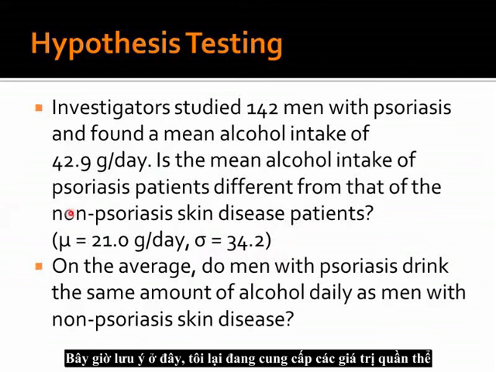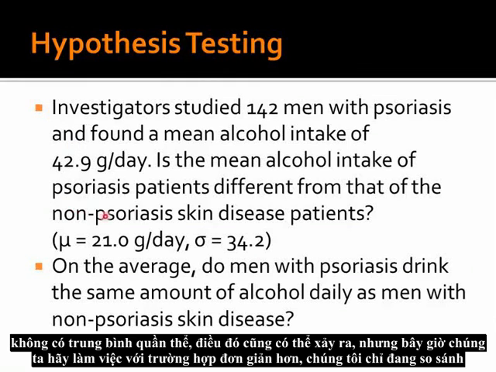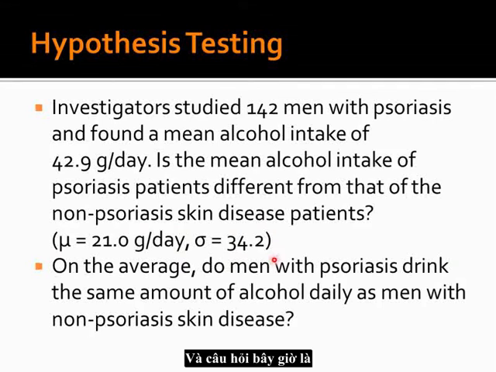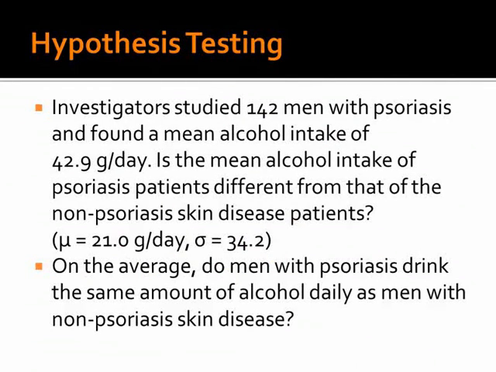Now notice here I'm giving the population values again, and as you can probably guess, in the future you will also see how to do hypothesis testing where I'm comparing two sample groups with no population mean, right? That's possible as well, but for now let's just work with this simpler case, where I'm comparing one sample with a known population mean and population standard deviation. Okay, and the question now is: is this sample different from this population mean?